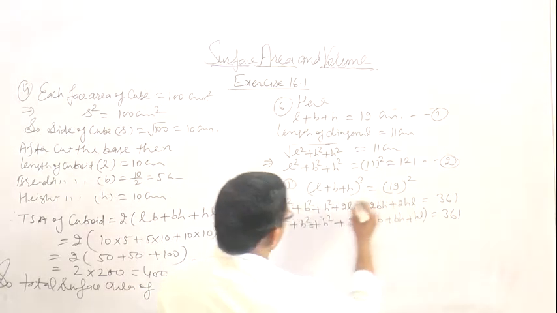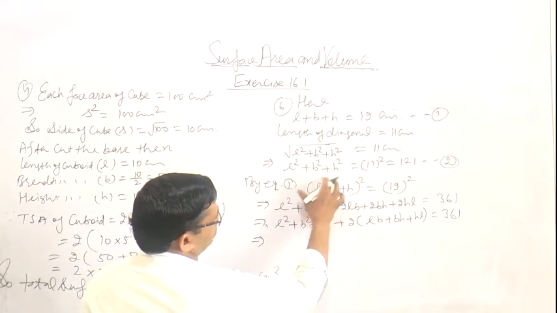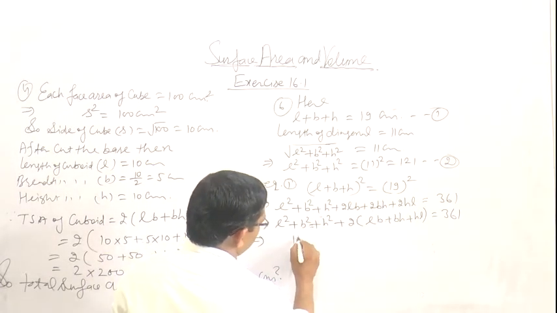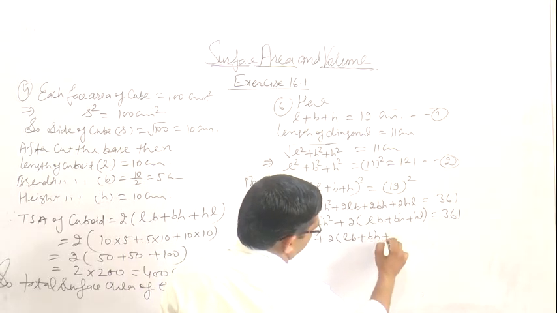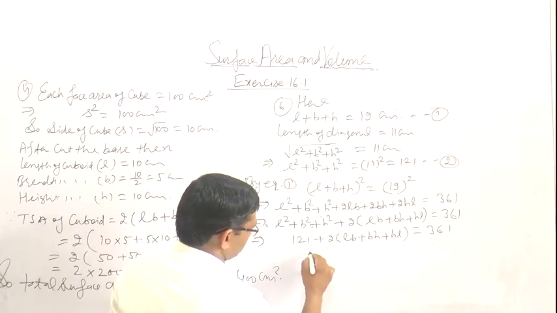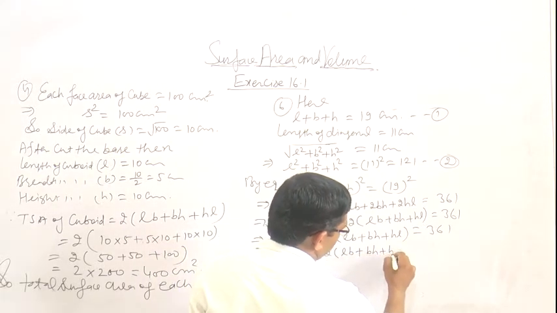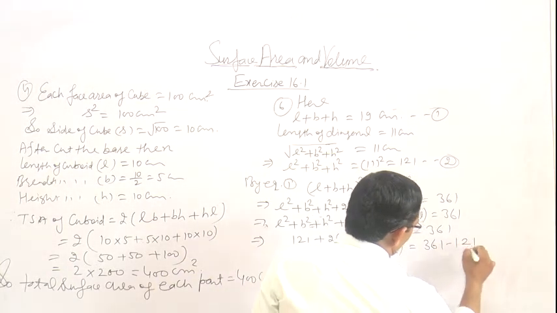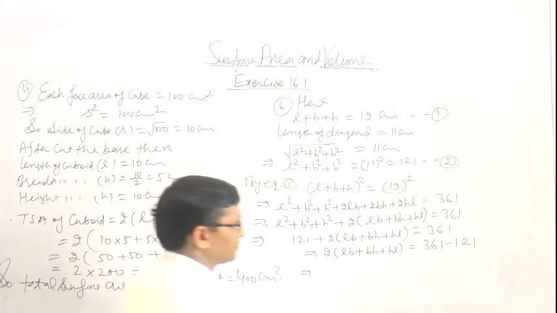By equation 2, we have value of L square plus B square plus H square is 121. So 121 plus twice of LB plus BH plus HL is equal to 361. That is 2 into LB plus BH plus HL is equal to 361 minus 121.